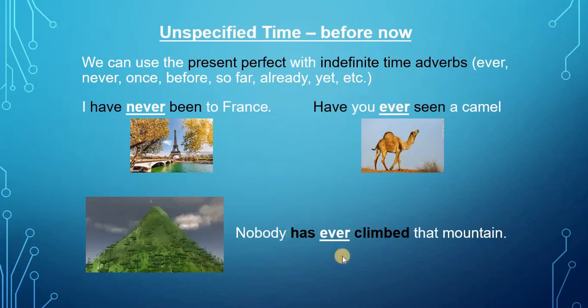Nobody has ever climbed that mountain. So in all of these cases, we use the present perfect to say that something has happened in the past, but it is not important when.